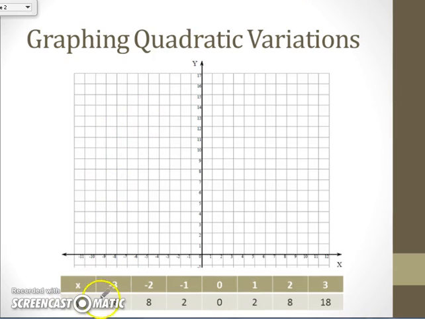With our graph, so this is the same table, just typed out, we can graph each of these points. So -3, 18 is a little off of our graph, but that's okay.